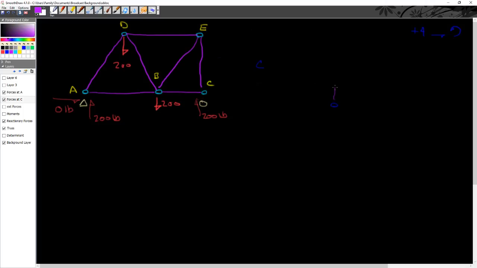So this element is CE. And then I've got BC.